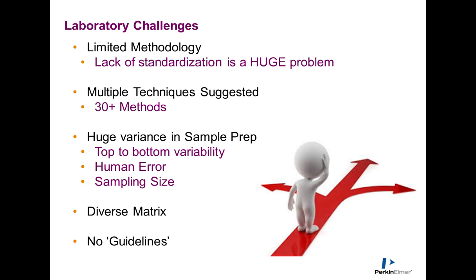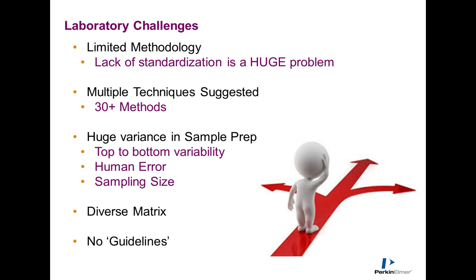But what we do see across all of the cannabis and hemp markets in the laboratory environment is that there's very little standard methodology. And this does present a significant problem. It can lead to inaccurate results, false positives, or just general poor practices in the lab. There's also multiple techniques suggested with 30-plus methods circulating about.